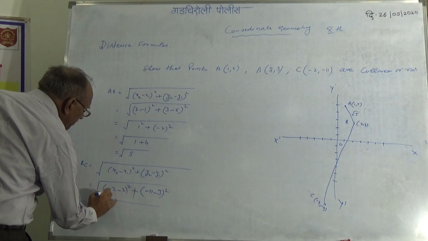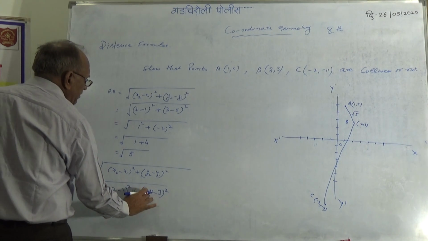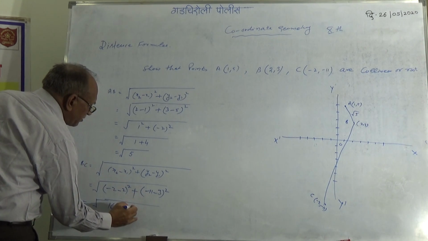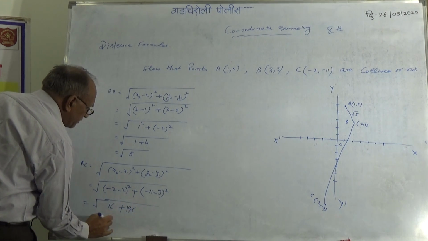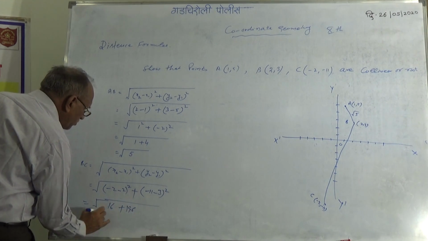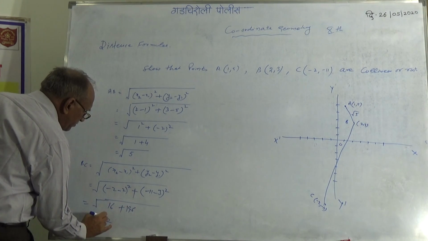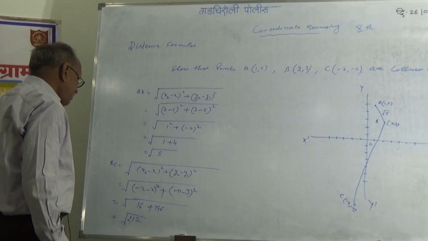Minus 4 squared is 16, and minus 14 squared is 196. Adding them, we get 212.